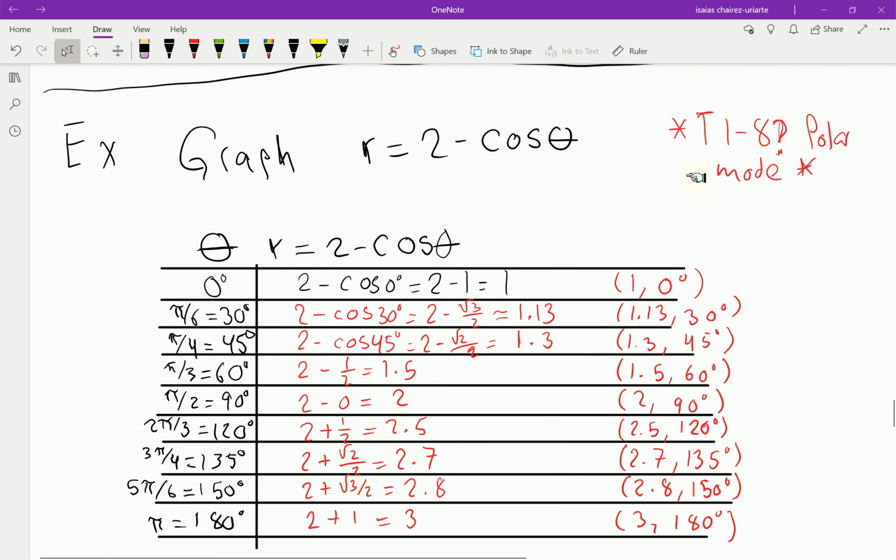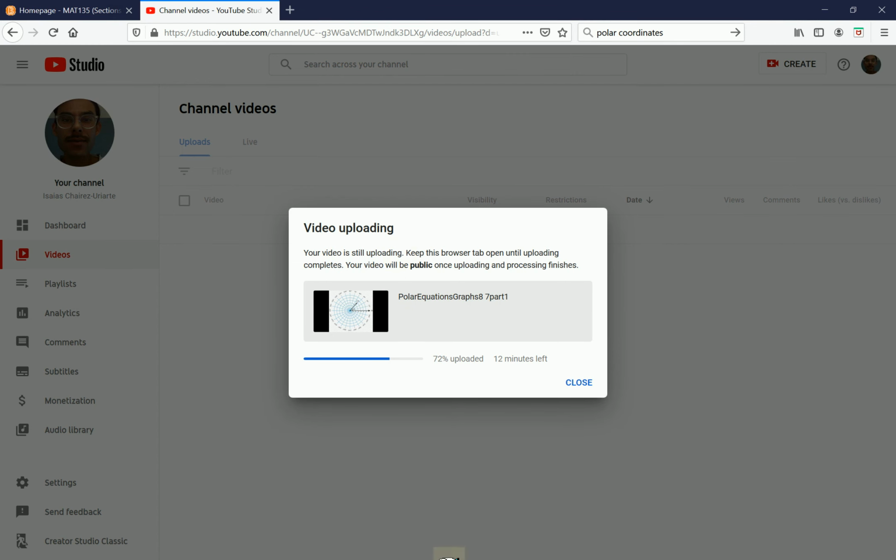And so then you could just enter this 2 minus cosine theta into your calculator and look at the graph. I encourage you to do that, so that you can double check your work. So we're going to graph this polar equation by hand, the old-fashioned way, and then hopefully you'll play with your calculator in polar mode and make these graphs happen a little bit quicker.